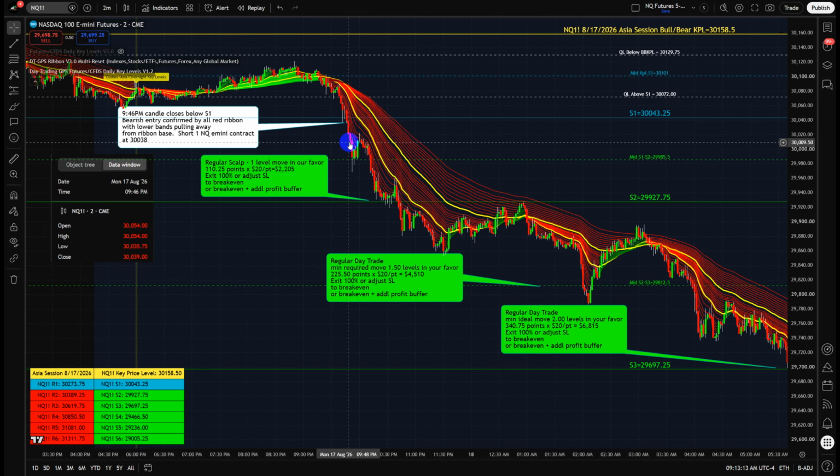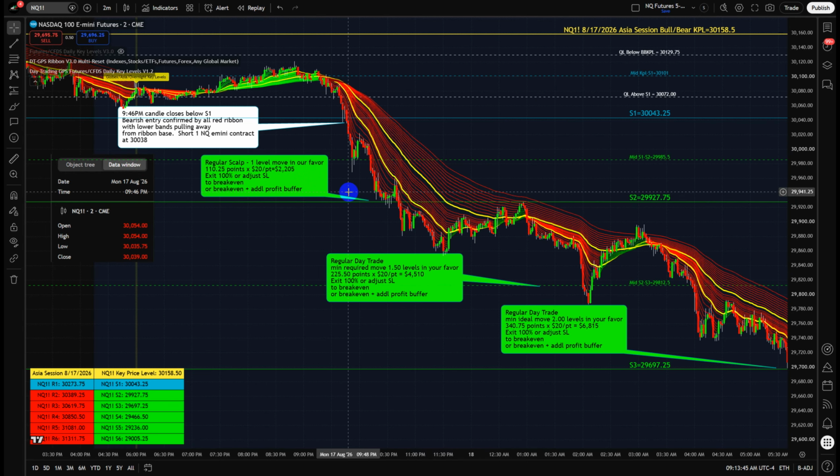Now, a third alternative would only come into play for trading multiple contracts. So, for example, if instead of one regular NQ E-mini, you were trading 10 micro NQs. So in the case, let's say, of 10 micro NQs, since you have 10 contracts, the third alternative is to exit 60 to 90% of your original position on this regular scalp move in your favor of one level.